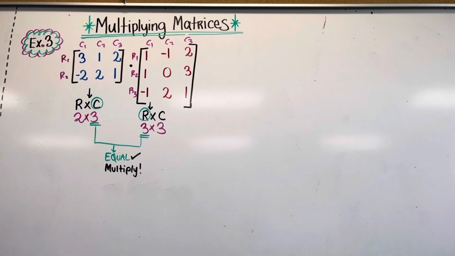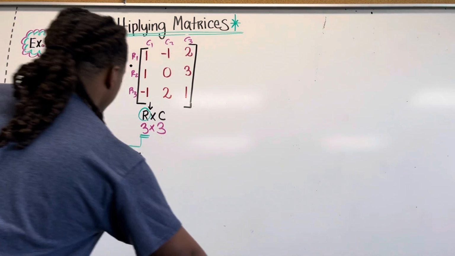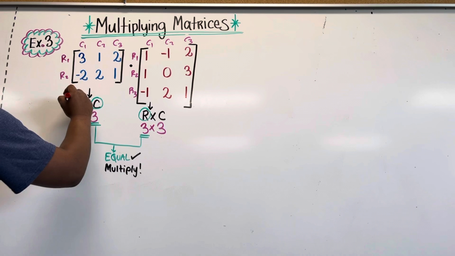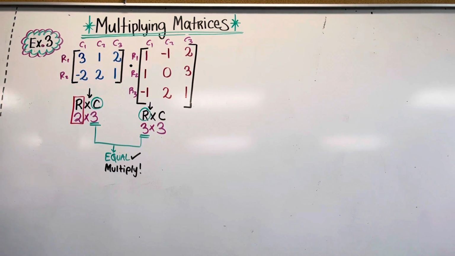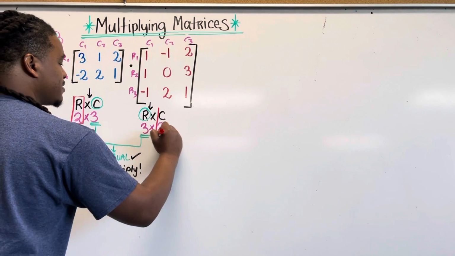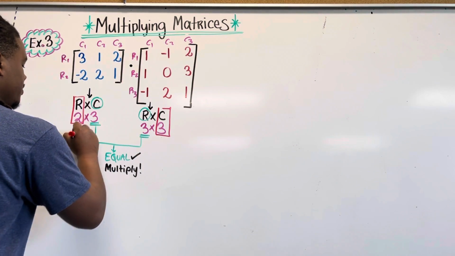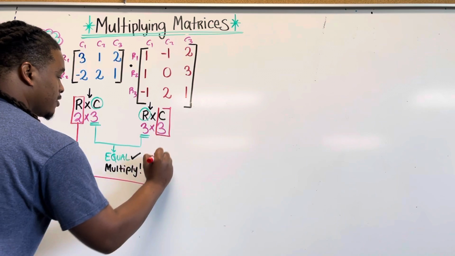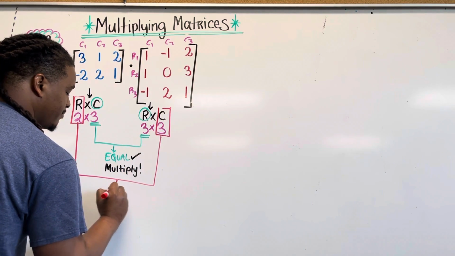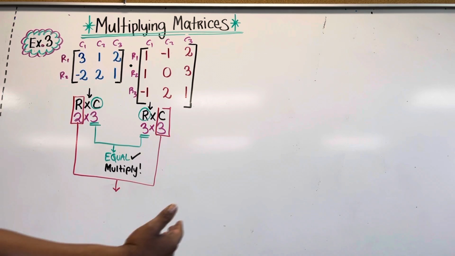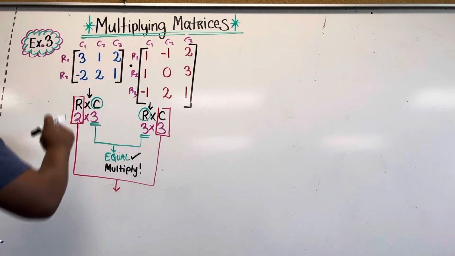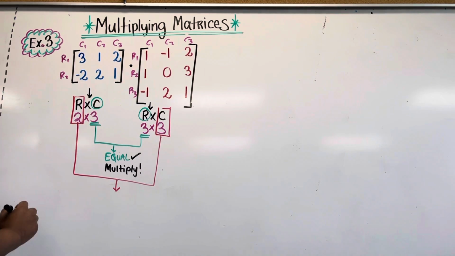Now, what we're going to do is take the rows of the first matrix and the columns of the second matrix, and put those together to create our new matrix, the product or the ending answer after we multiply these 2 matrices together.